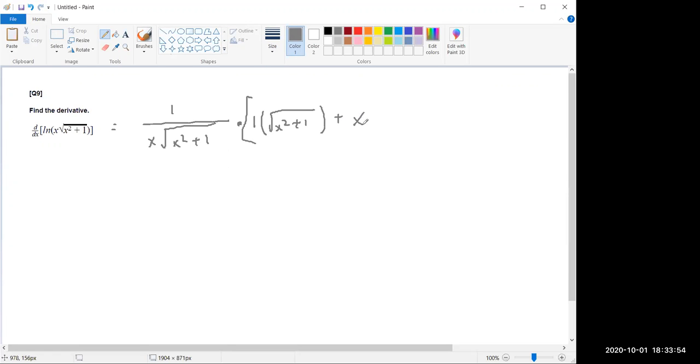Then we leave x the same, and take the derivative of the square root of x squared plus 1. That would be 1/2 times x squared plus 1 to the negative 1/2, times 2x, right? Close parentheses. Let me know if you need me to explain any part of that. That's question 9.